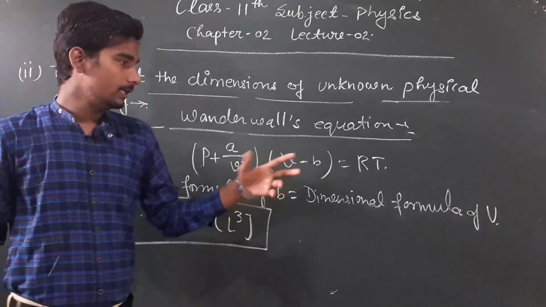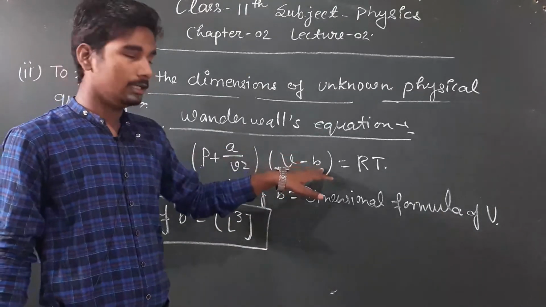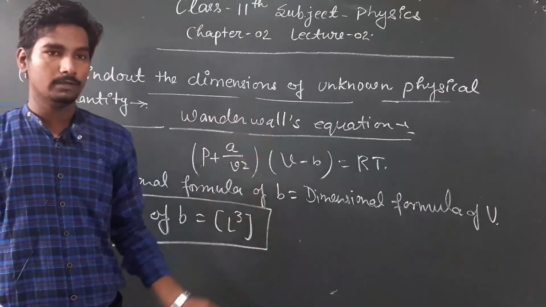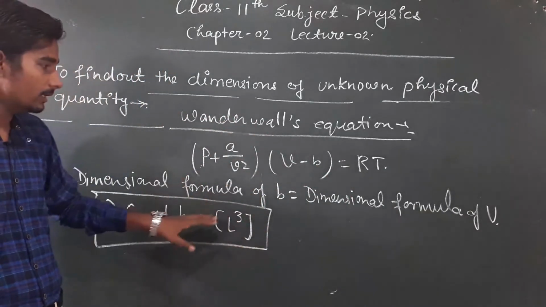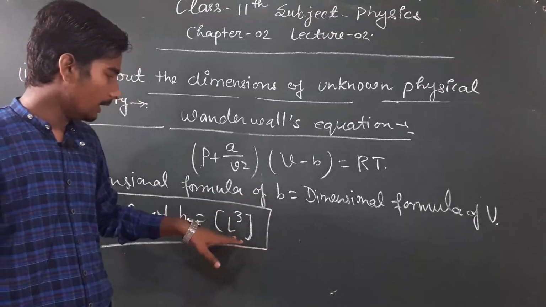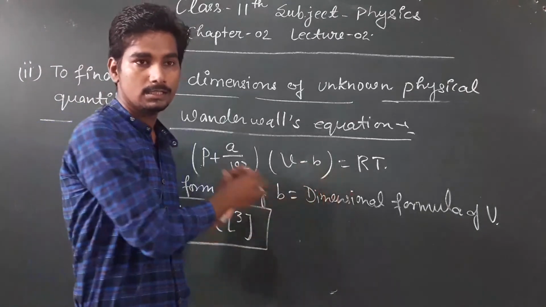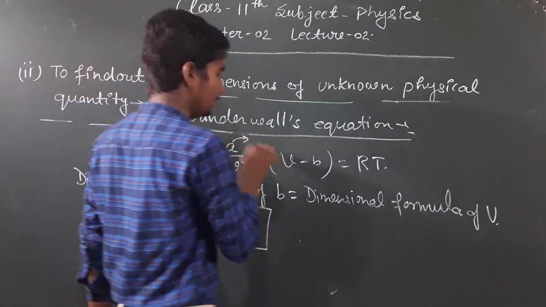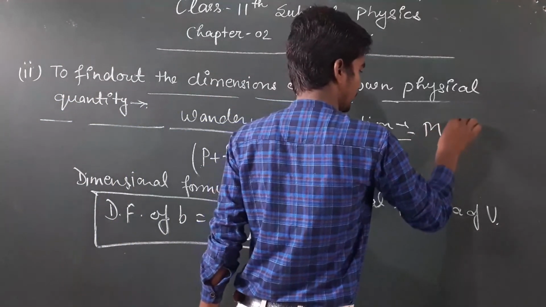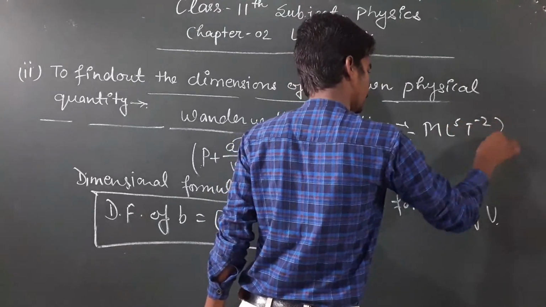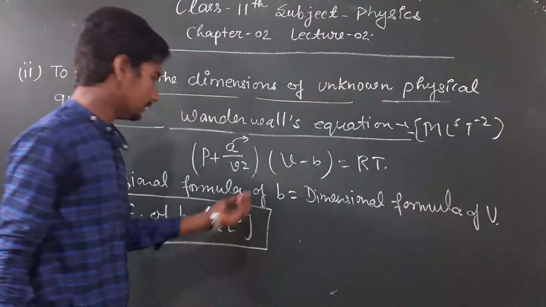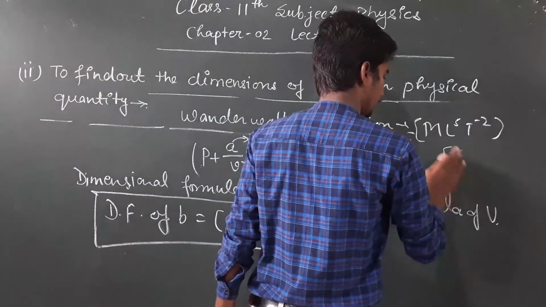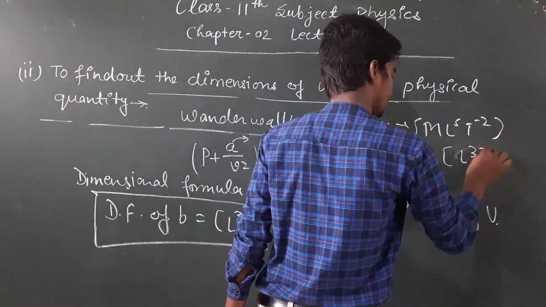As we can see, A and B were unknown quantities that were introduced in the van der Waals equation, and with the help of dimensional formulas we just noticed what these quantities mean. The dimensional formula of A was mL5 T minus 2, and the dimensional formula of small b was equal to L3.